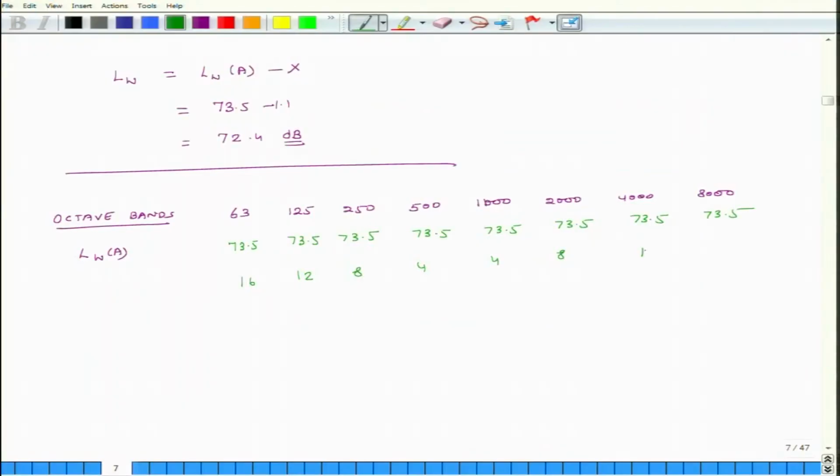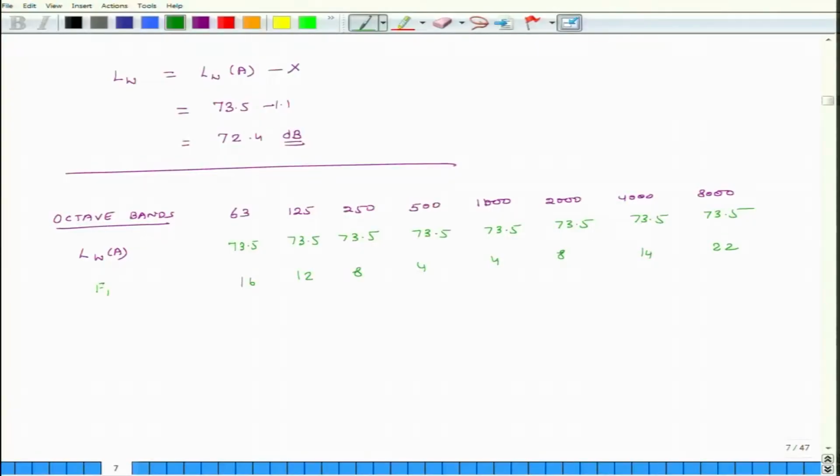This is the factor F1, and remember we call it a factor because it is actually a ratio. This 16 represents a ratio, but when we are taking logarithms, because here everything is in decibels, then ratios get converted into differences. That is why we subtract, but we write it as factor F because this actually represents a ratio.